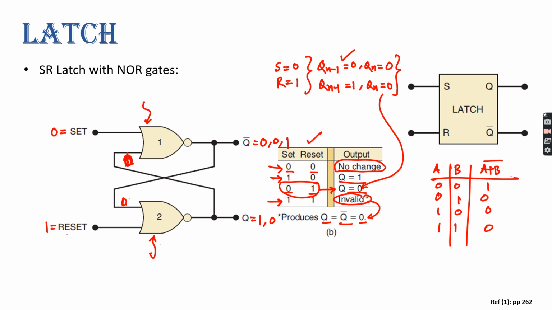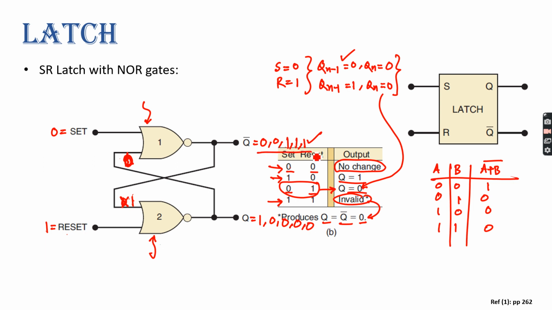Yes, sir. And 0 1 gives you 0. So this 1 will come here and this 0 will go there. Again 0 0 gives you 1 and 1 1 gives you 0. So this 0 will go here and this 1 will come here. So 0 0 again gives you 1 and 1 1 gives you 0.